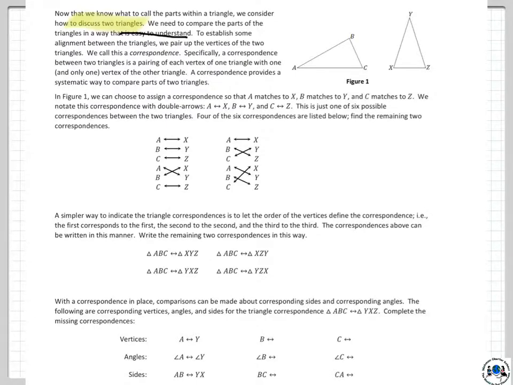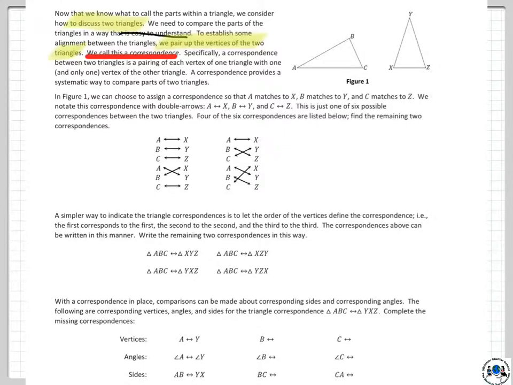Okay, we pair up the vertices of the two triangles. We call this a correspondence. So here's that word, correspondence, all right? This is the correspondence, okay, when we pair up these vertices. And we'll see examples are going to help us out.